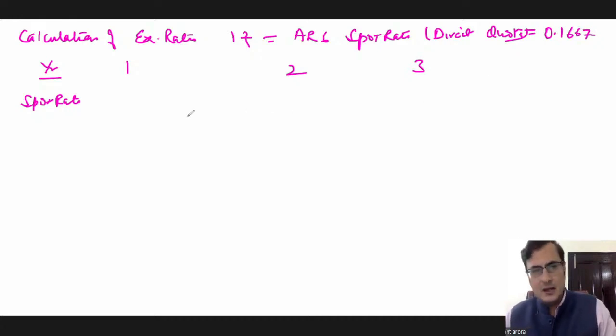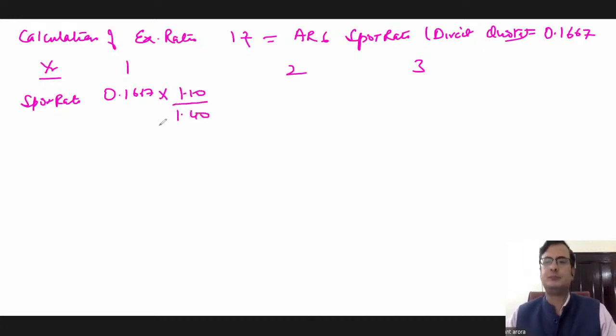So the forward rate for the first year will be 0.1667 into 1.10 divided by 1.40. Clear or not, sir? Beta, this came in rupees. This is African rands.